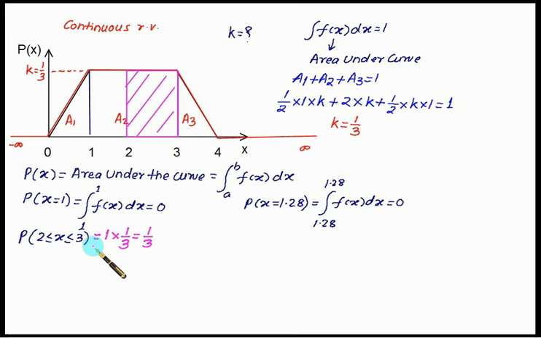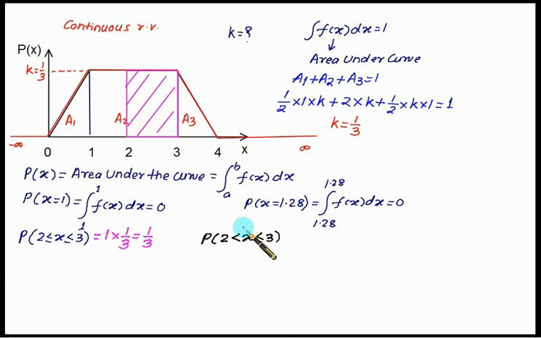But it doesn't matter whether you take 2 or do not take 2, or take 3 or do not take 3. If you want to find the probability for 2 less than x less than or equal to 3, the idea will remain the same. This time 2 is not included; 3 is included but 2 is excluded.